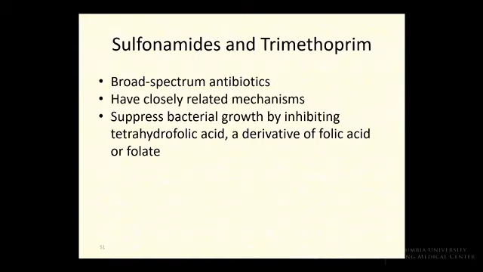and they suppress bacterial cell growth by inhibiting tetrahydrofolic acid, which is a derivative of folic acid or folate. So folate or folic acid is a cofactor or coenzyme in the replication of DNA.